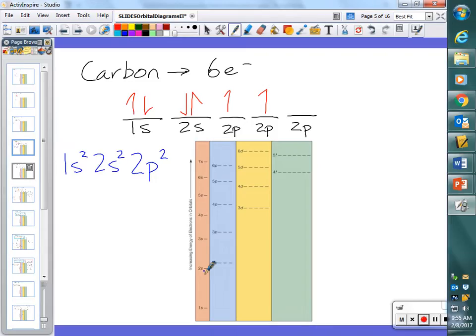Okay, we're not showing Hund's rule here. 2p2 is not identifying that those electrons go in two different orbitals within the p sublevel. You need to know that, right? It's a shorthand way. It's not as detailed, but it does represent it.